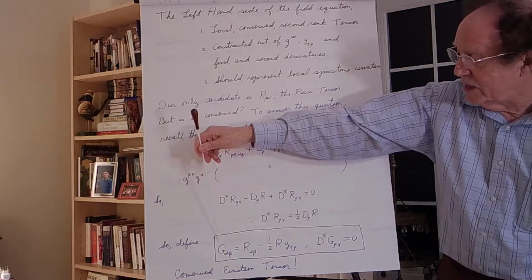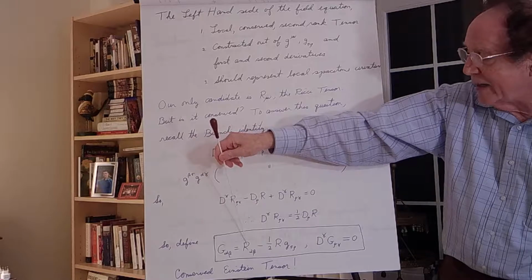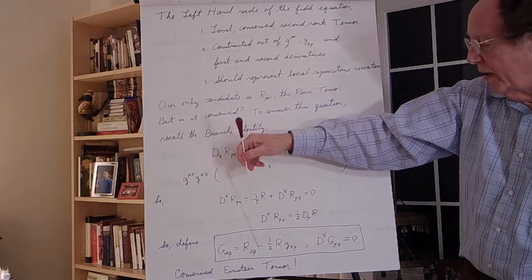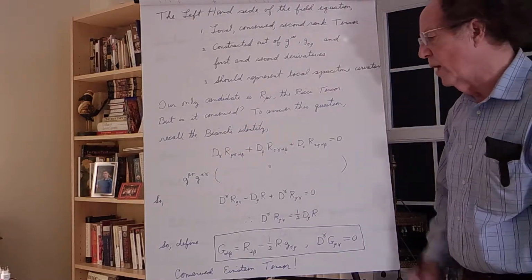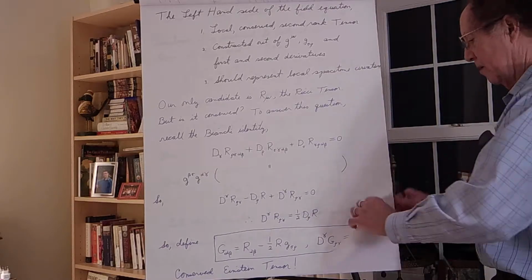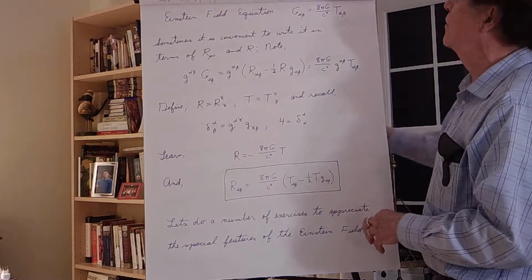So this definition will be useful for us, that the Einstein tensor is related to the Ricci tensor by this term, which is just engineered in such a way that the Einstein tensor is conserved. And so there you have it.